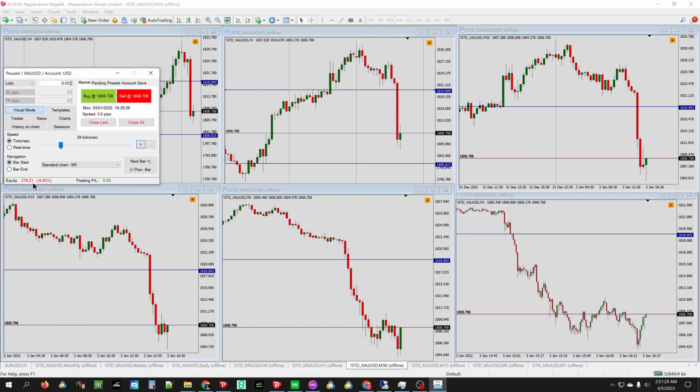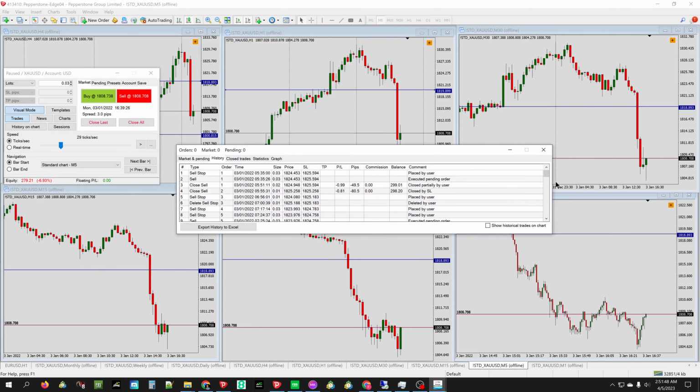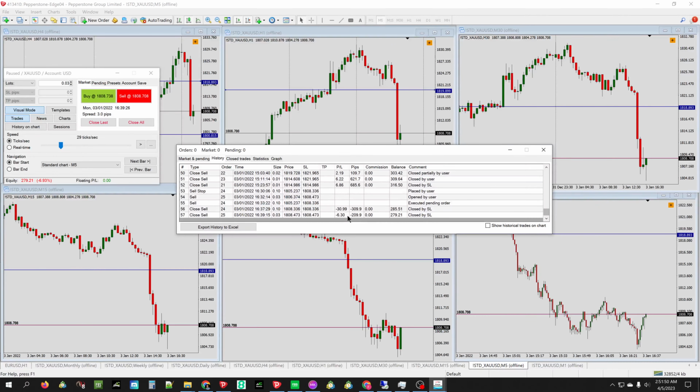So you see I was up around 25 US dollar for the day, but the mistake I made, the setup that I treated as an A grade setup wasn't an A grade setup. So that basically took all my profits out of my pocket. It was 30 US dollar of loss.